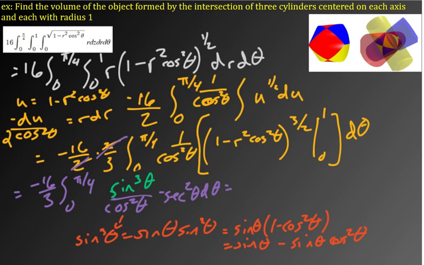So I'm going to use this kind of trig, I don't even know if I'd call an identity. I guess I would. But I'm going to basically give myself a third term, sine theta over cosine squared theta. And then I'm going to have minus sine theta, right? Because this part and this part will cancel in the second one. And then I'll have a minus secant squared theta d theta. Okay.